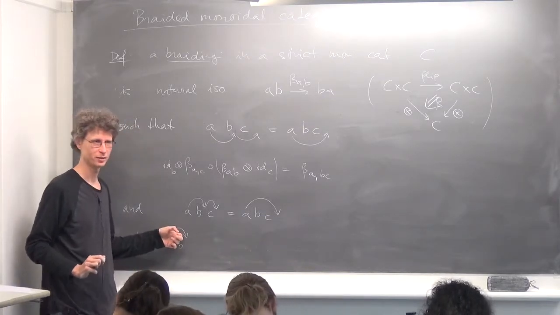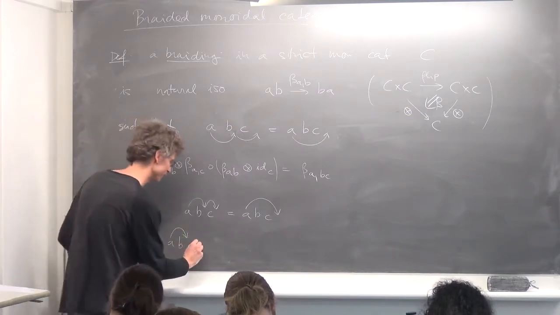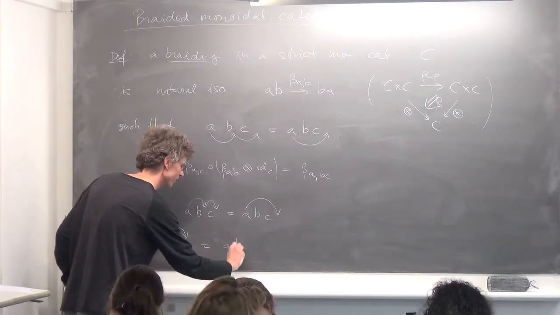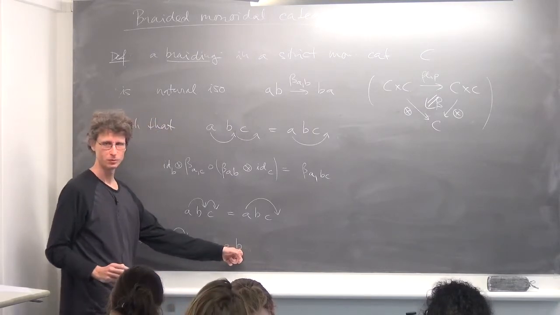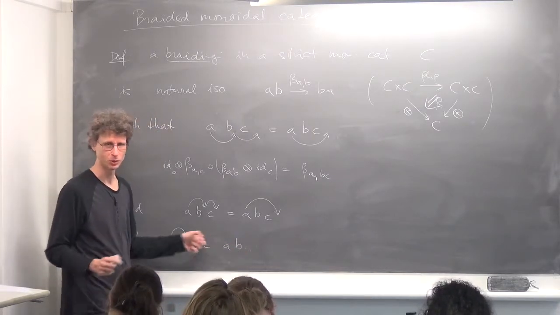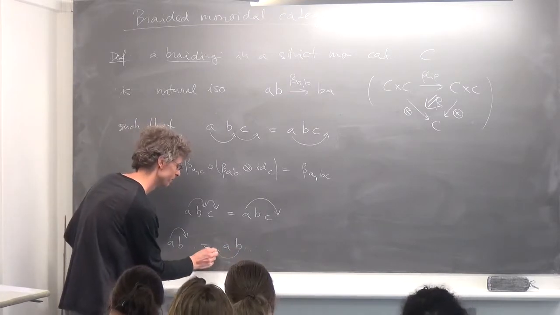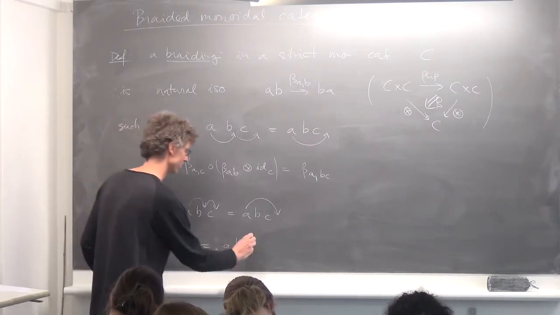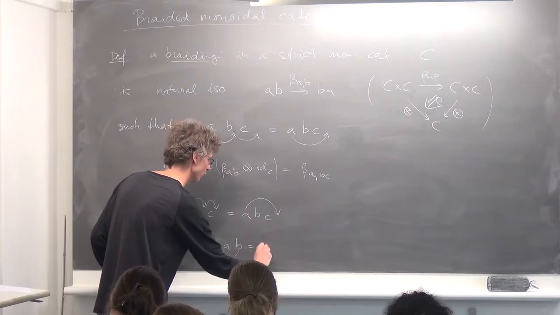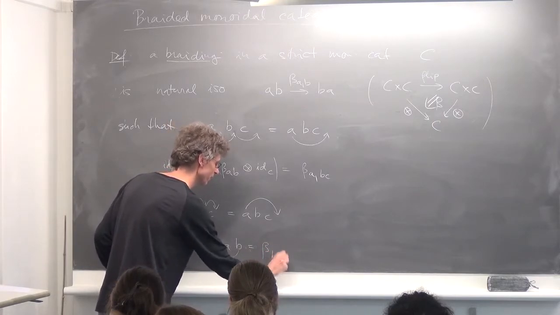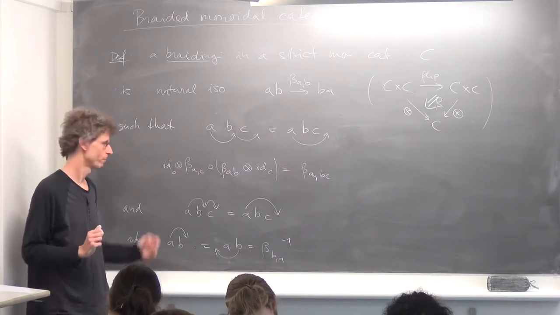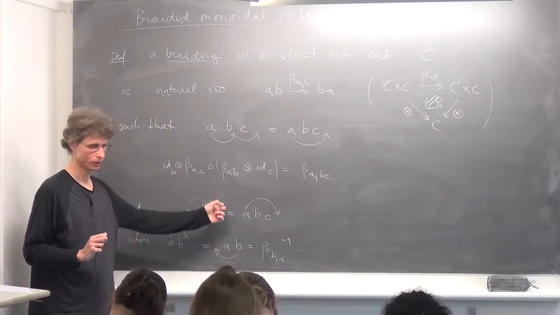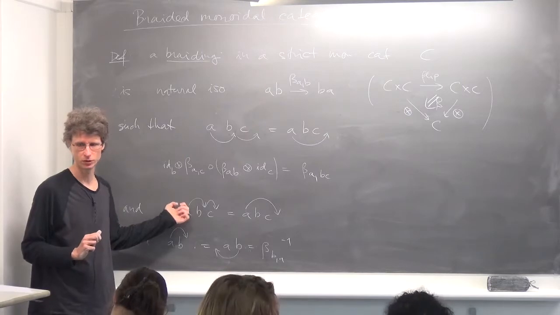Doing a jump like that is interpreted by definition as: when you have AB, you take the inverse of jumping with B, that is, beta BA inverse. It's the same kind of diagram, but where you use those inverses.